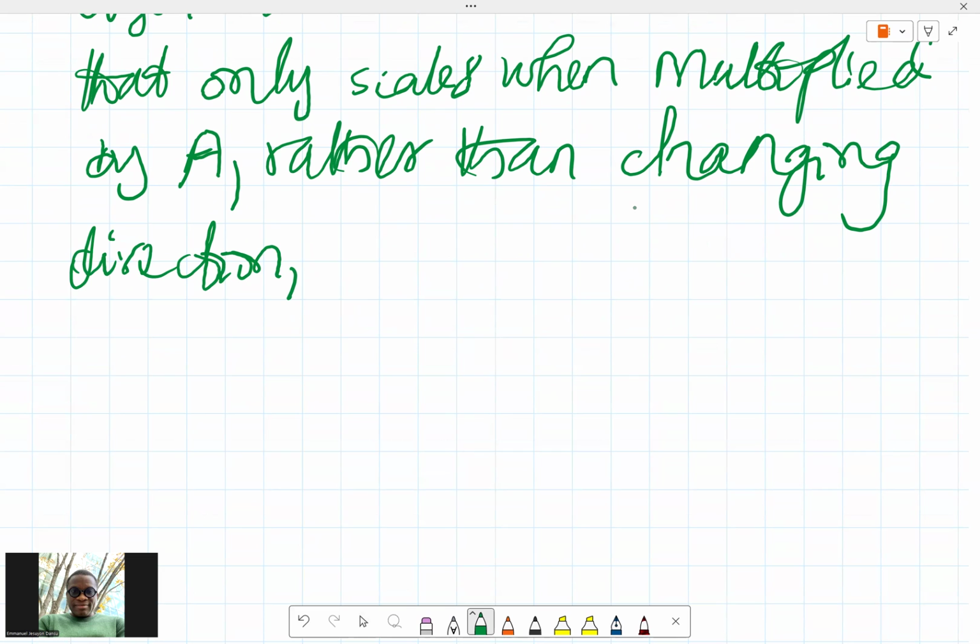So what that simply means is that we have matrix A multiplied by eigenvector V equals lambda V, okay?